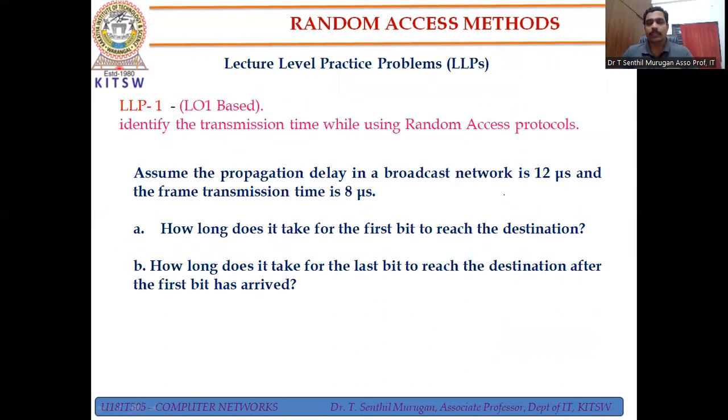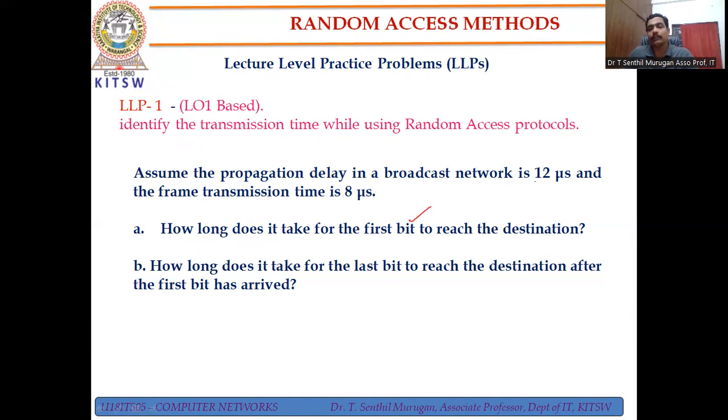So here again is the random access method problem; just think about it. Propagation delay is 12 microseconds. Frame transmission time is 8 microseconds. How much time will the first bit take to reach the destination, and how much time will the last bit take?